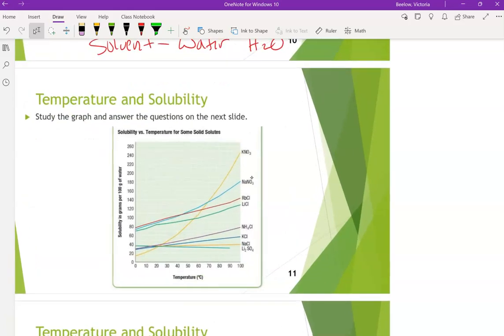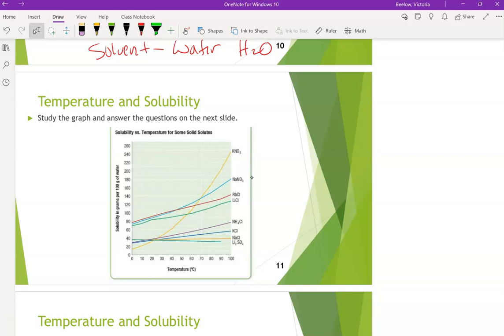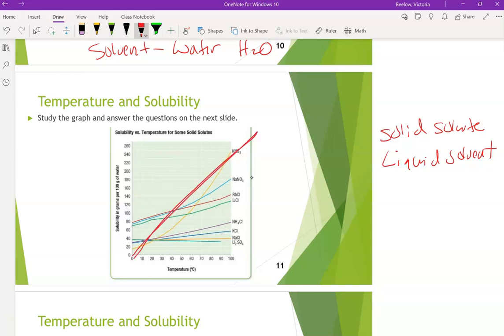All right, so now let's look at temperature versus solubility for a solid solute and a liquid solvent. So pretty much what we're going to be focusing on for a lot of this unit. So you can see on this graph, we generally have a trend going this way.